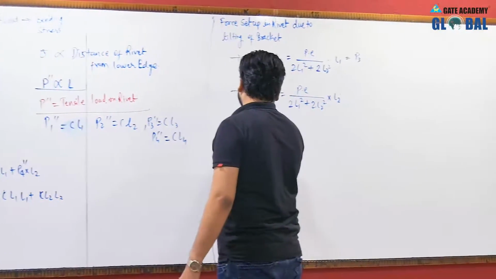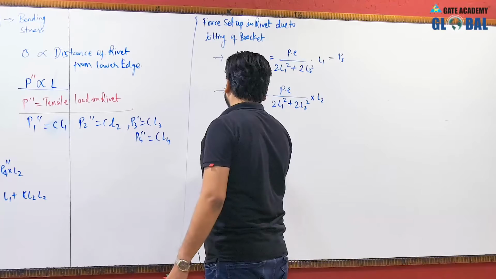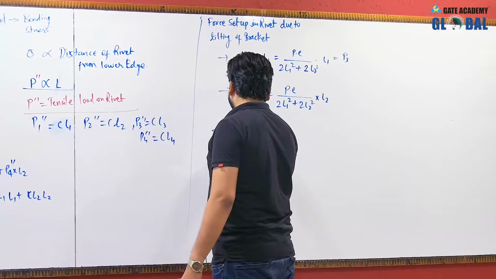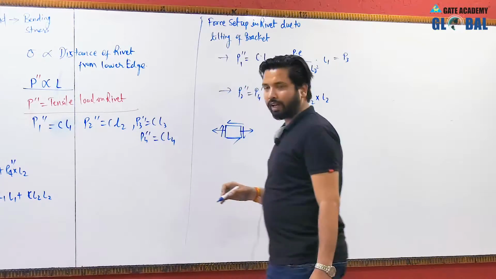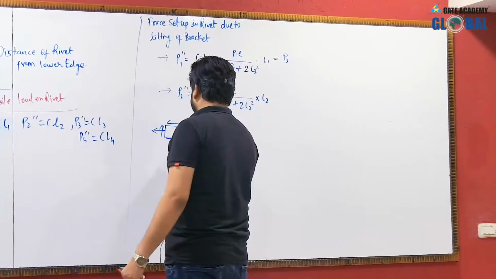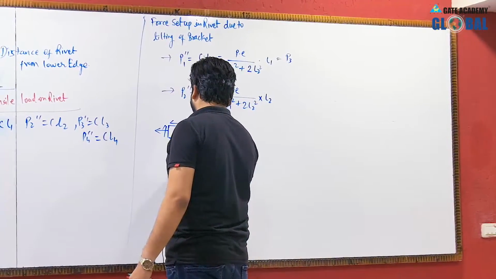Now this particular rivet will be subjected to a tensile stress and a shear stress. The cross sectional area is pi by 4 d square.